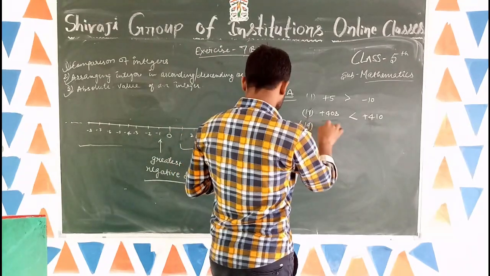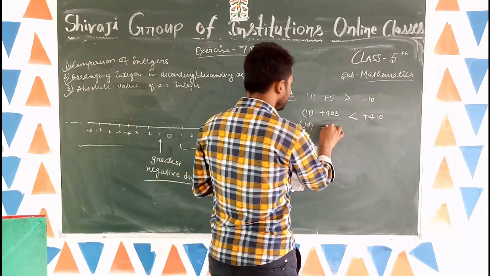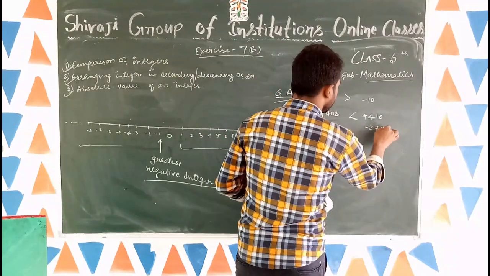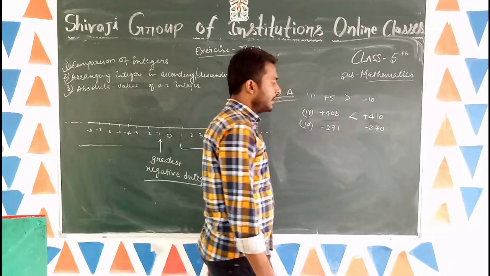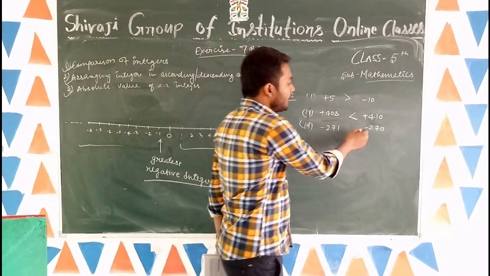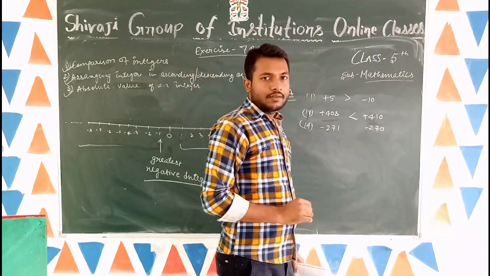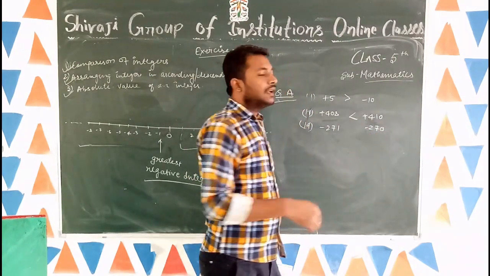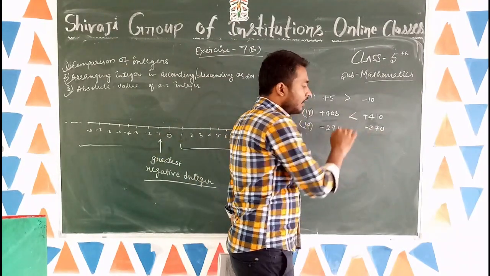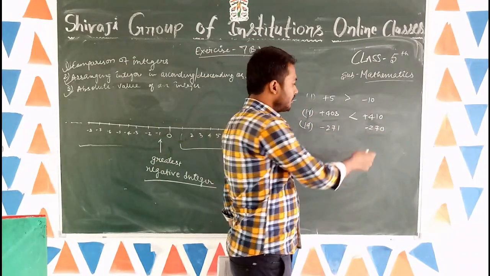Question number 19, -271 and -270. Which number is greater or which number is smaller? As we have already discussed, with the negative sign, the number which has smaller numerical value is the greater number. I repeat again.